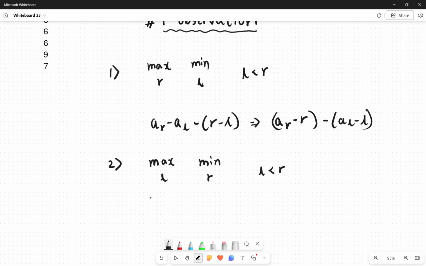Okay, so here in this case, the expression for my answer is going to be AL minus AR minus R minus L, right?